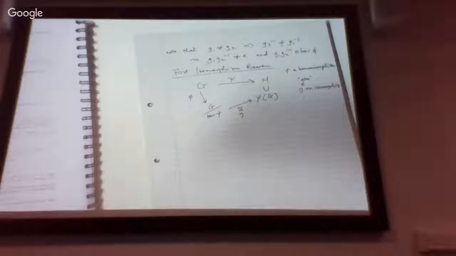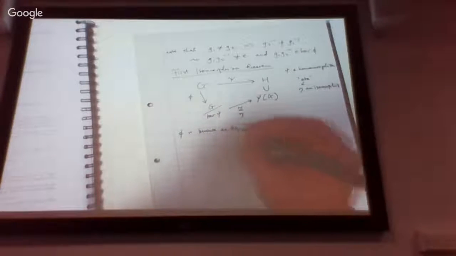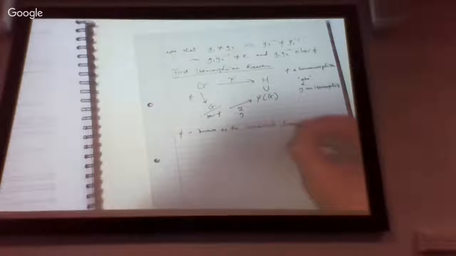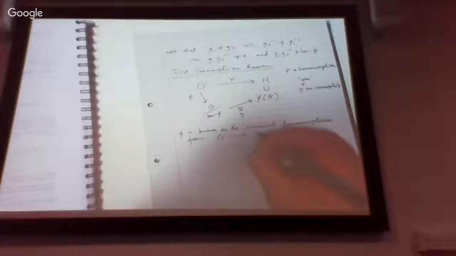Phi is known as the canonical homomorphism from a group G to a factor group G.